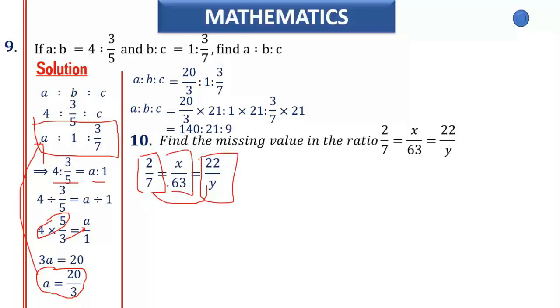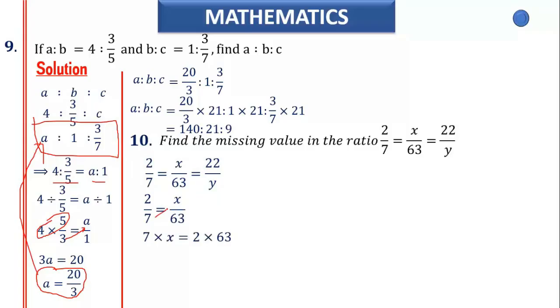And this guy too is also equal to this guy. So you can pair it in the simplest way to get our value, which is you can firstly pick this guy equals to this guy. That's 2 over 7 equals x over 63.